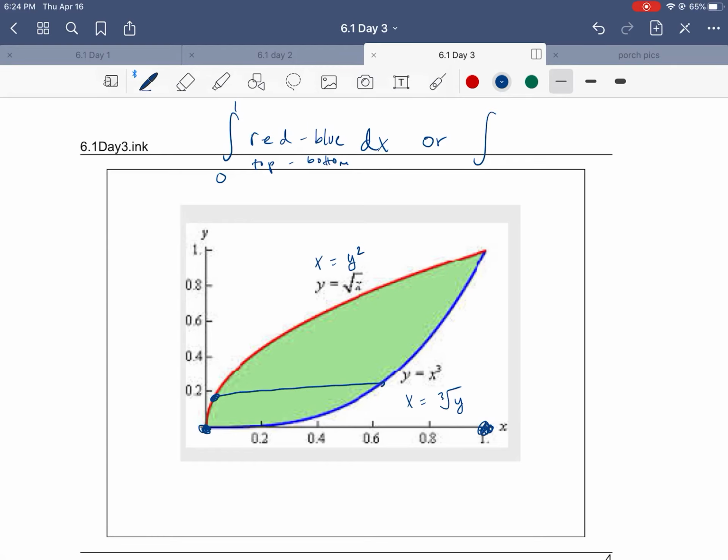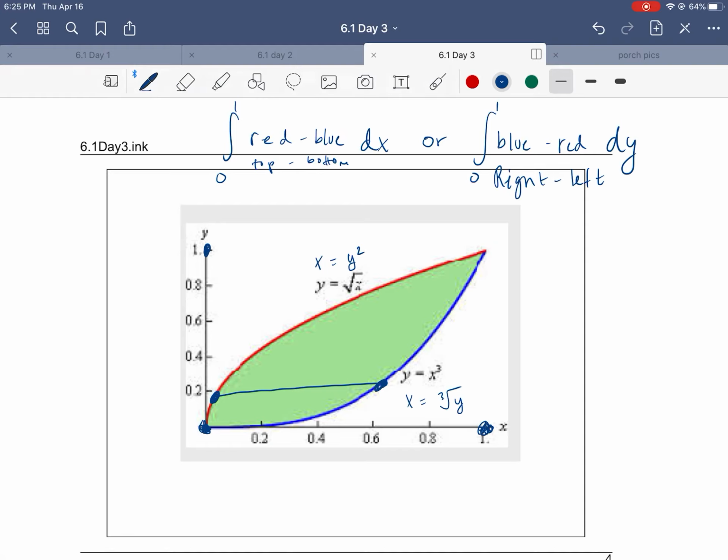And now I'm working horizontally across my graph. So this blue graph is a bigger value than the red graph. So then I'm thinking blue minus red, or right minus left. And if I do this, it's a dy. And therefore, I'm looking for top number and bottom number on my y-axis, 0 to 1.